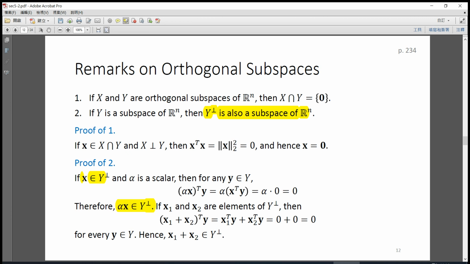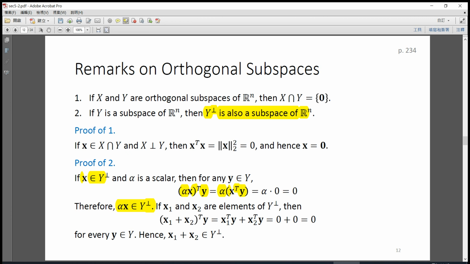We compute the scalar product of alpha x and y, which equals alpha times the scalar product of x and y.